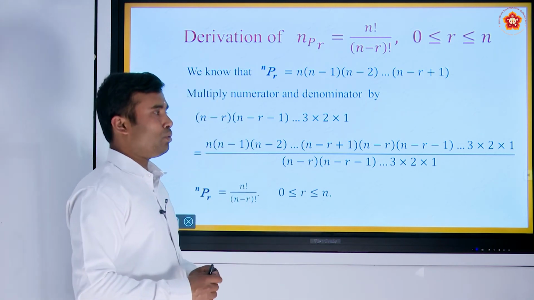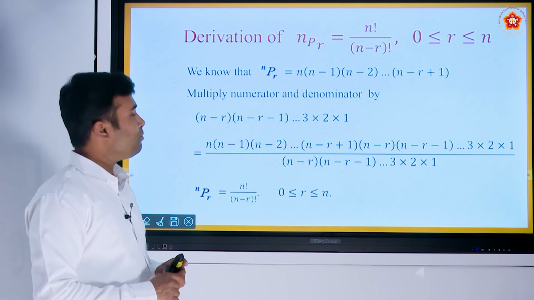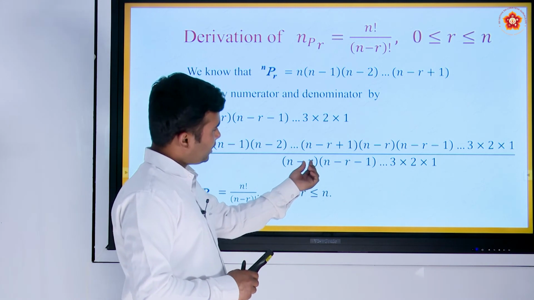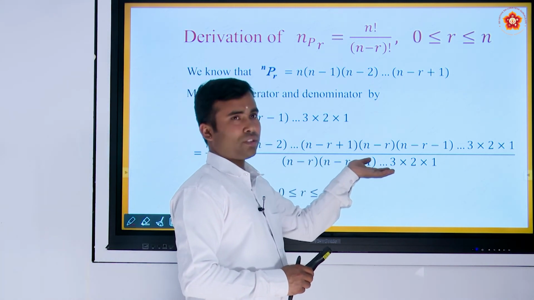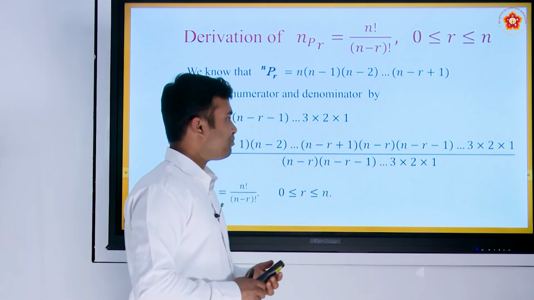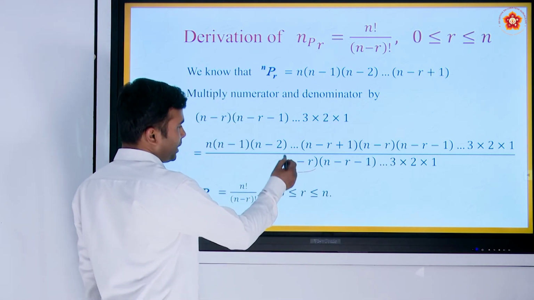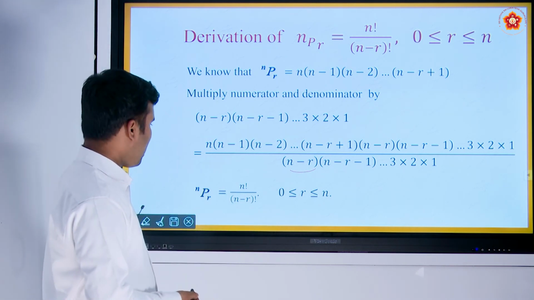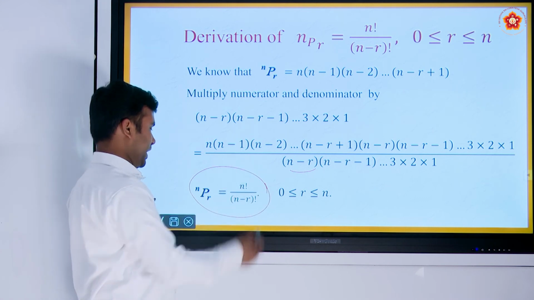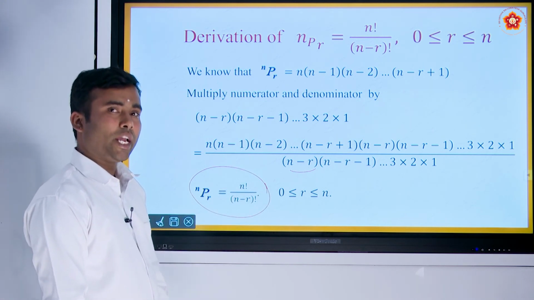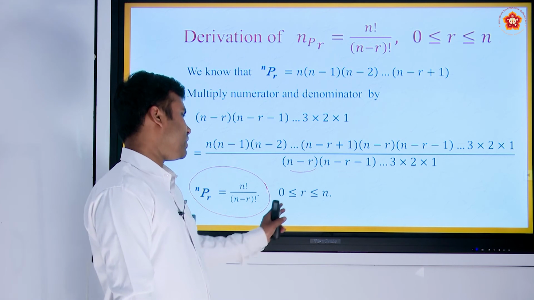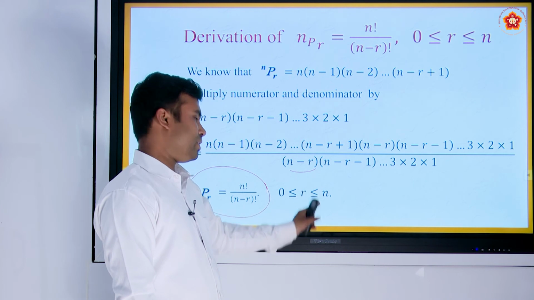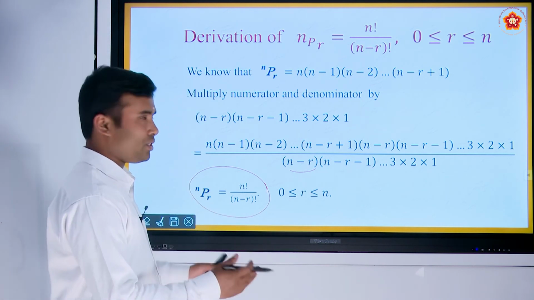Now look at the denominator: the first term is n minus r, decreasing by one each term and ending with 3 into 2 into 1, so it can be represented as n minus r factorial. And hence we got the derivation for nPr as n factorial divided by n minus r factorial, where r is between 0 and n.